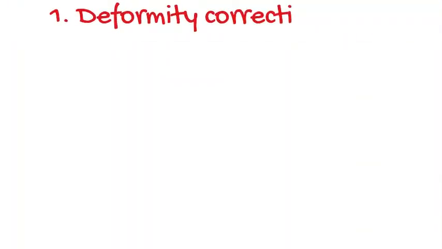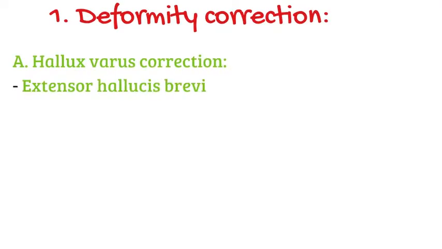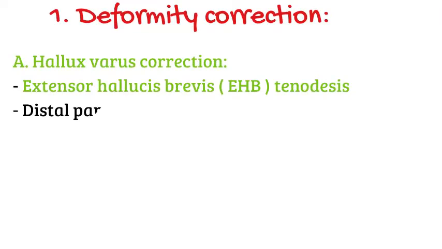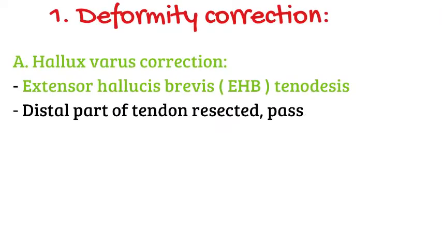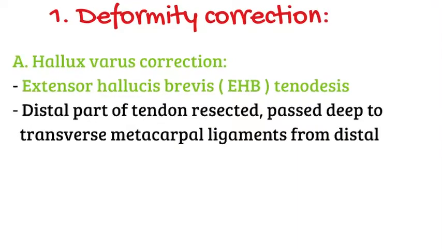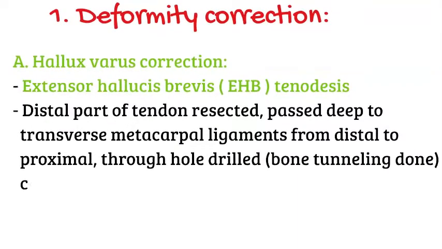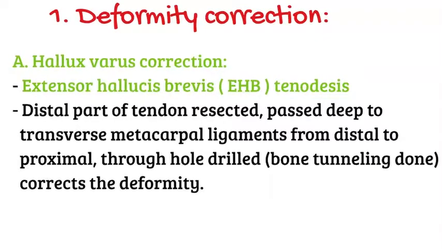Indication for tenodesis 1. Deformity correction. Example in A. Hallux varus correction by doing an extensor hallucis brevis EHB tenodesis. The distal part of the tendon is resected and passed deep to the transverse metatarsal ligament from distal to proximal through a drilled hole, a bone tunnel.